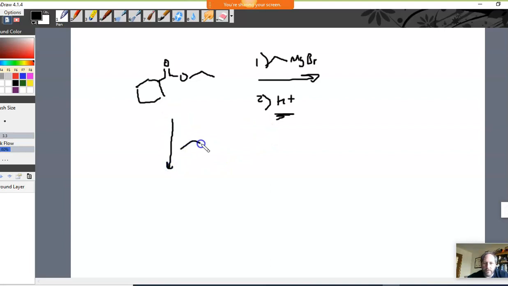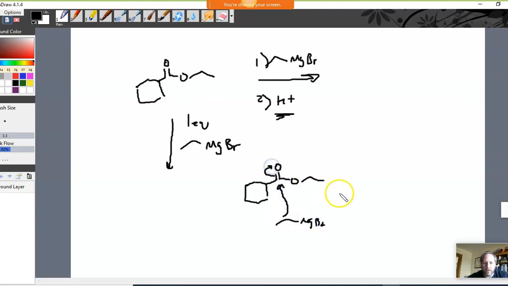I don't know if you guys remember, we talked about this last week or the week before. If we only added 1 equivalent here, I'll draw a mechanism. The one equivalent stops at the ketone, so I don't have to add the acid into it. So the first equivalent, remember, adds in here. It kicks up to form our tetrahedral intermediate.